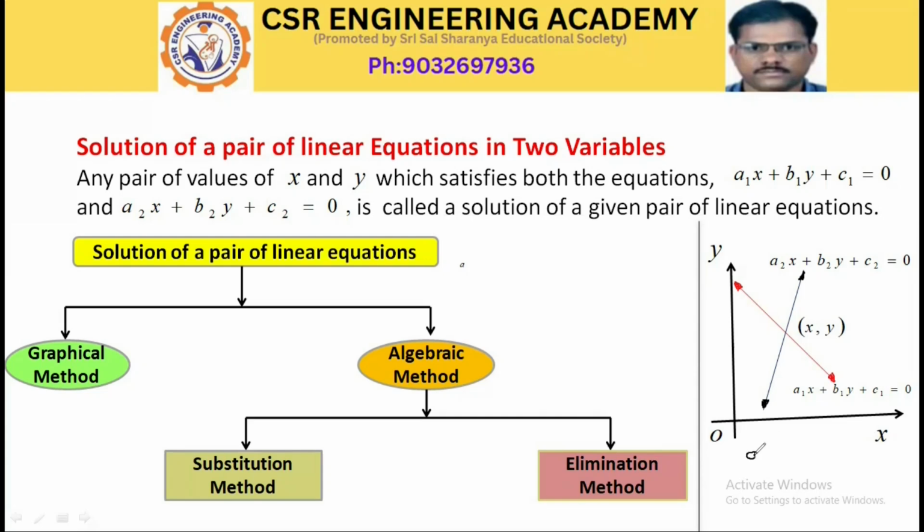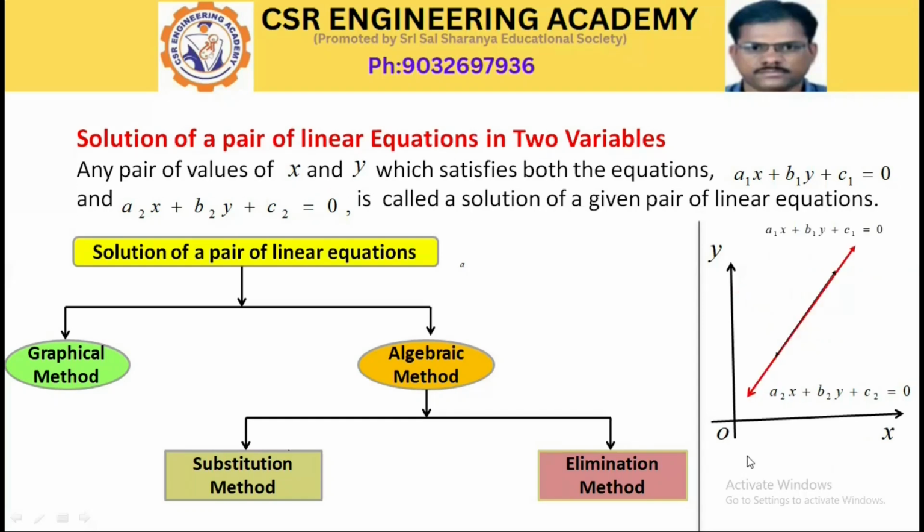If a1/a2 ≠ b1/b2, then the pair of linear equations is consistent with a unique solution. Here two different lines intersect at one point. If the lines representing the linear equations coincide, then the system of equations has infinitely many solutions.